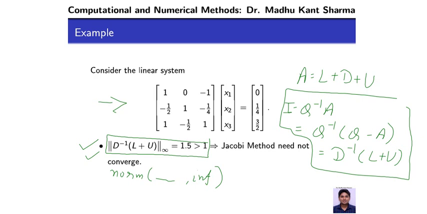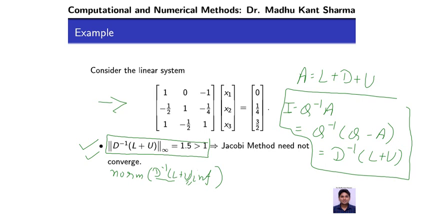So norm of D inverse (L + U) will calculate the infinity matrix norm for the matrix. Okay, right. So you can also use that straightforwardly. Okay. So this condition is not satisfied.